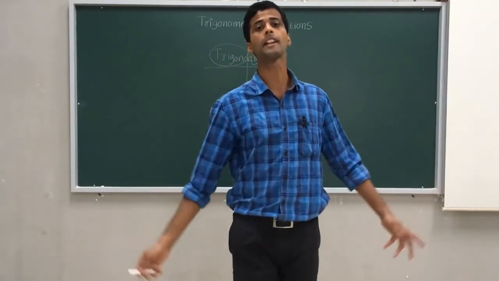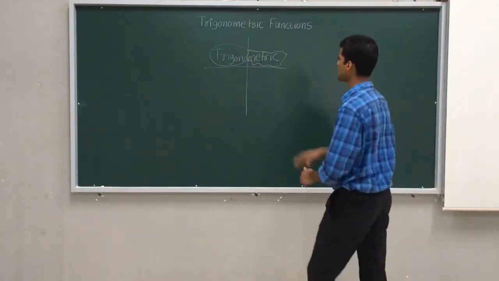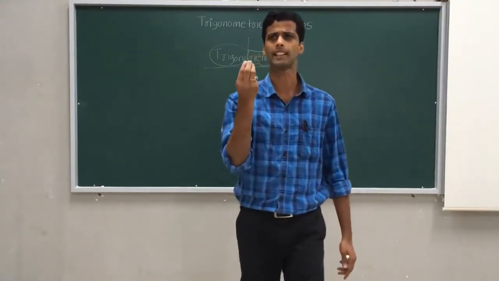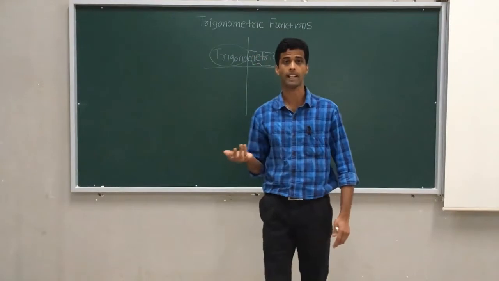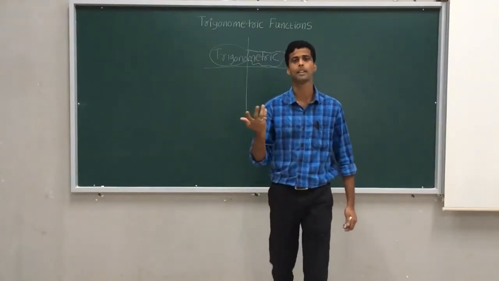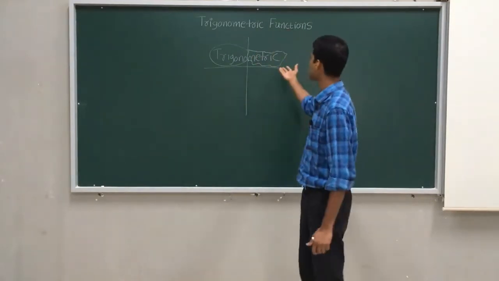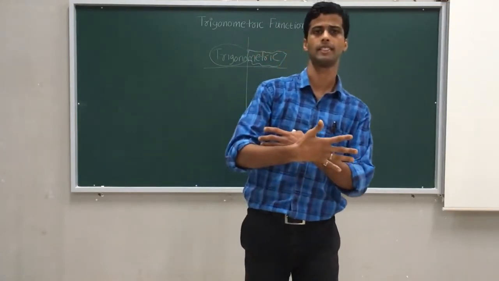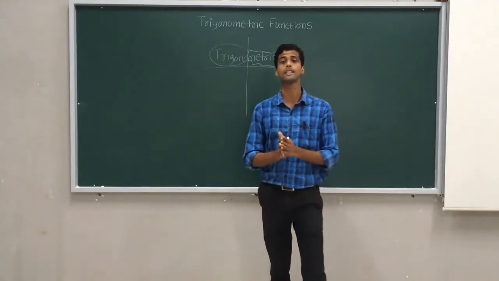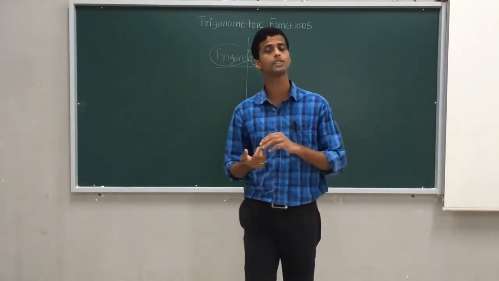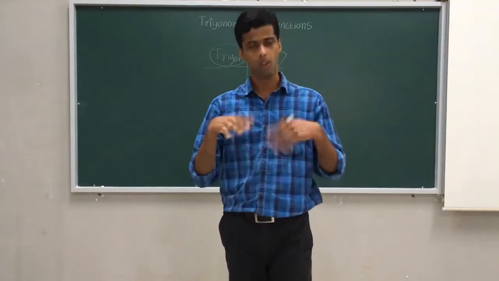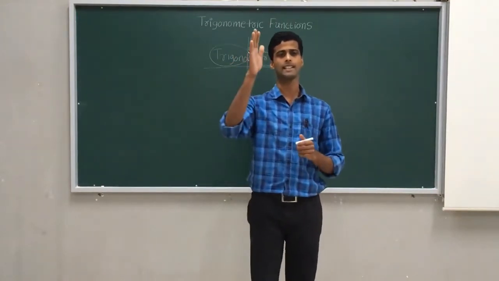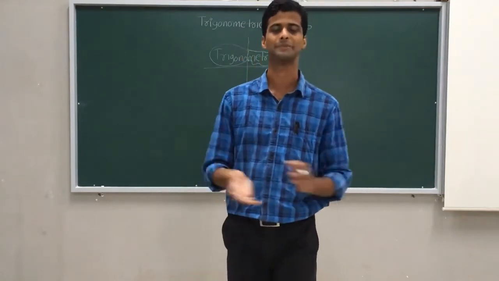Now what do you mean by trigono? Trigono is nothing but measurement of triangle. That is, it may be angles of a triangle, sides of a triangle. Metric means measure. Therefore, when I join these, trigonometry means measures of angles of a triangle or measures of sides of a triangle. Or, in short, trigonometry is the study of triangles.